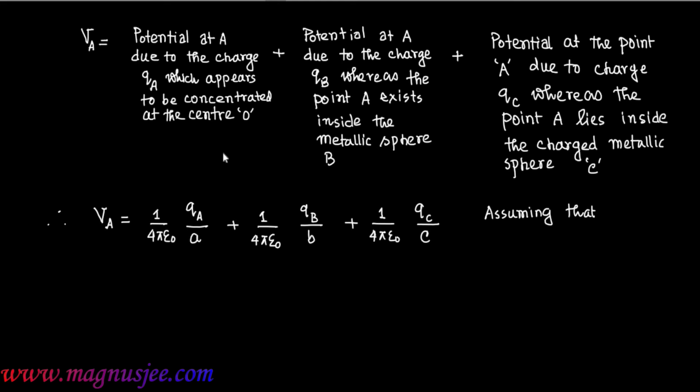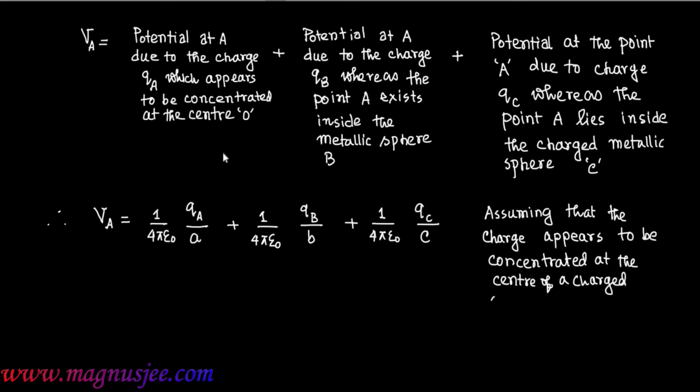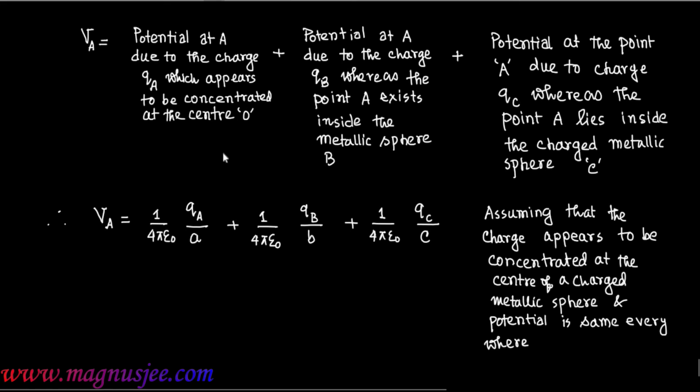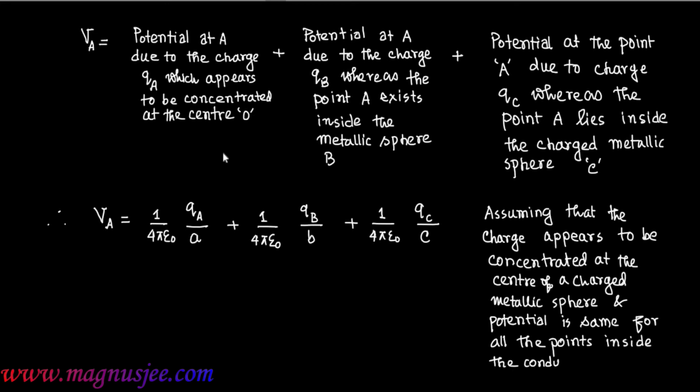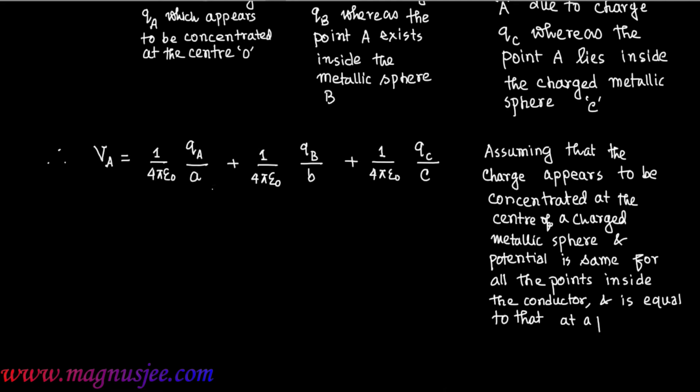Assuming that the charge appears to be concentrated at the center of the charged metallic hollow sphere, the potential is the same for all the points inside the conductor and is equal to that at a point on its surface.